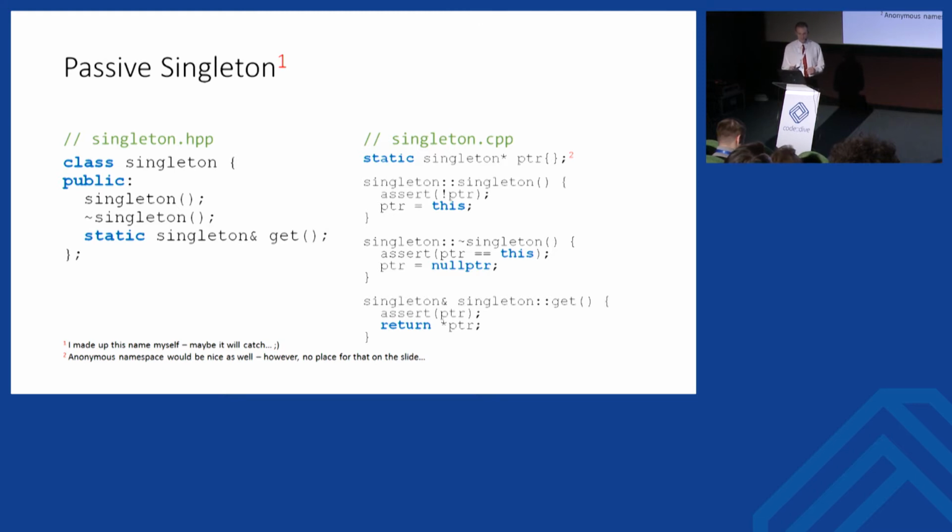This pointer serves a single purpose, so that the get function can return the only existing instance. Now, the constructor sets this pointer to itself, while the destructor clears it.